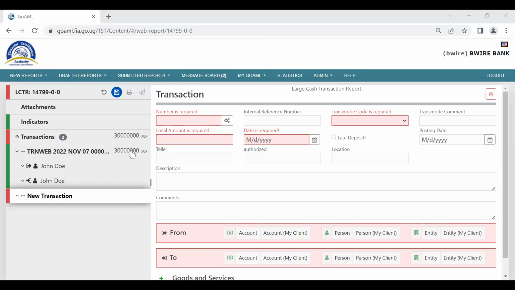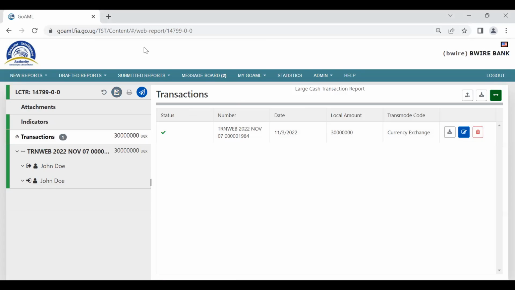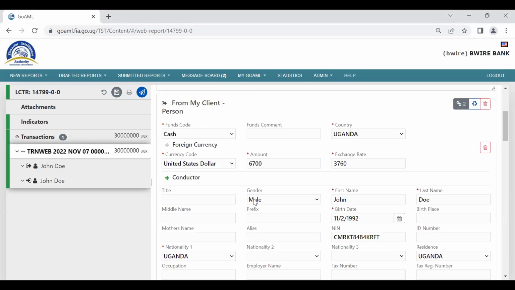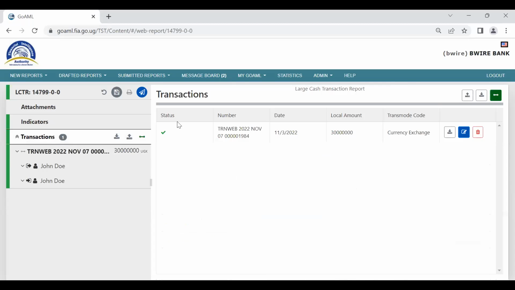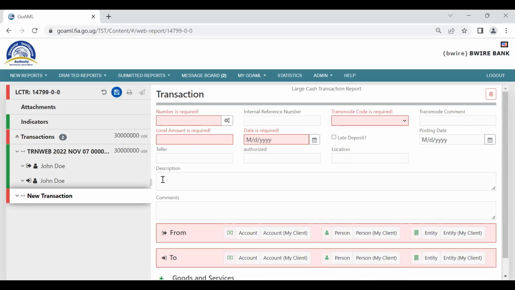Let me just delete this. To add a new transaction, just click on transactions, and then you come here. Add by party or here, whichever of these two will still get you to this level.